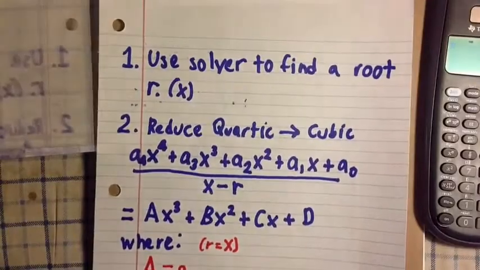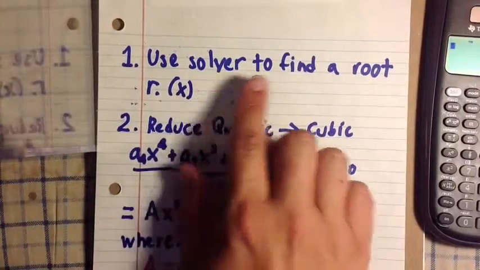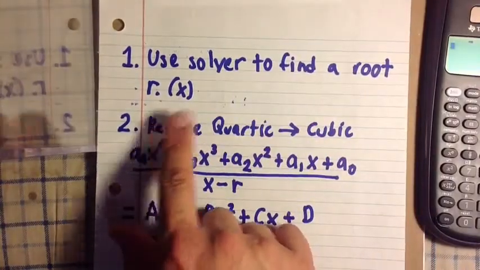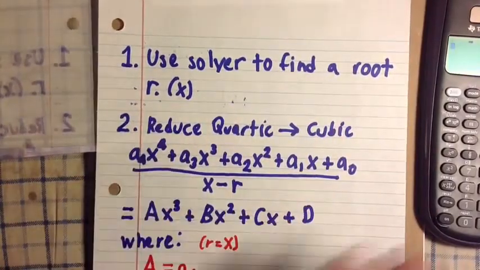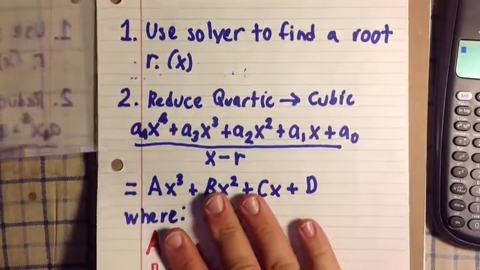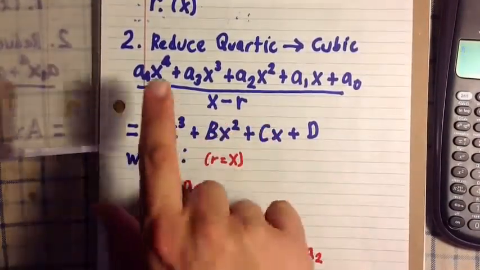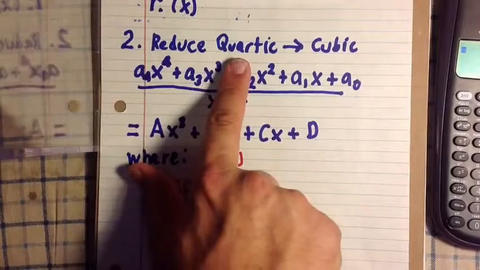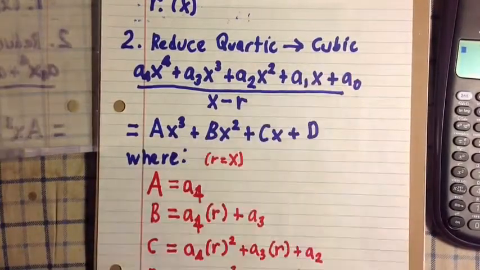Okay? So here is our strategy. We're going to use the calculator's general solver to find a root, and we're going to call this root R. And then we're going to reduce the polynomial from a quartic to a cubic.